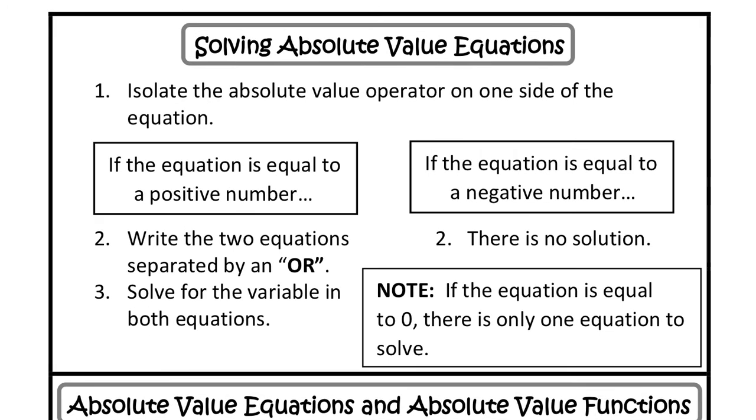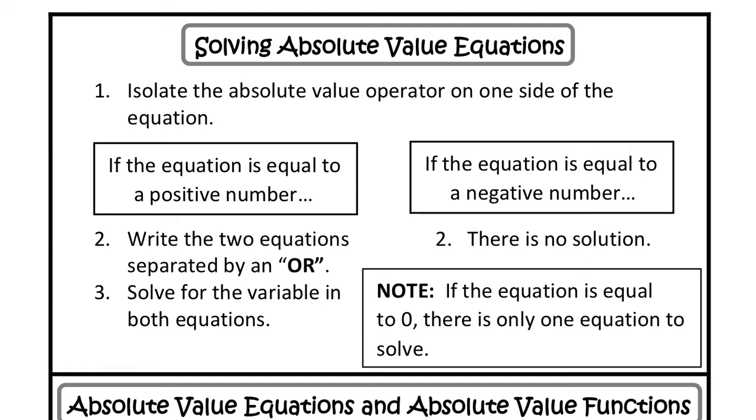Okay, so we have here a couple of steps that we want to follow when we're solving absolute value equations. Isolate the absolute value operator on one side of the equation.